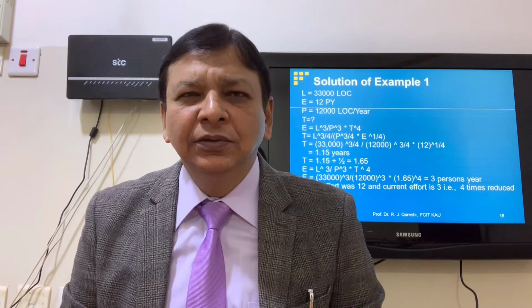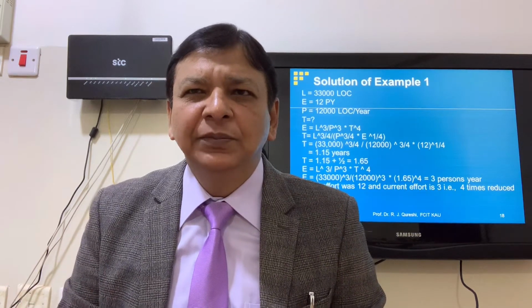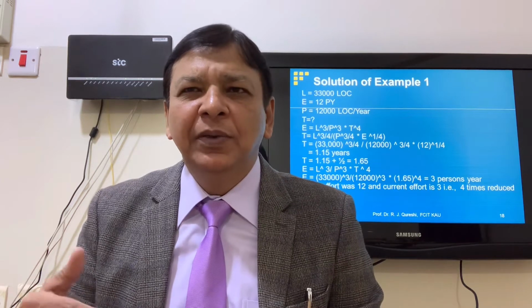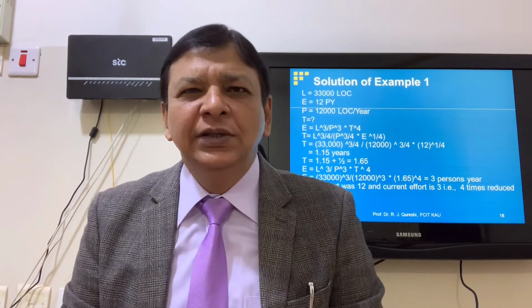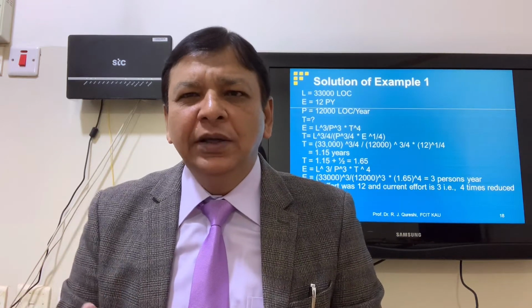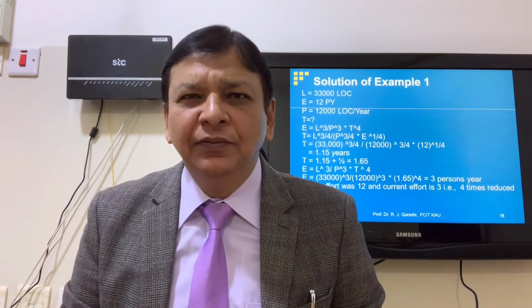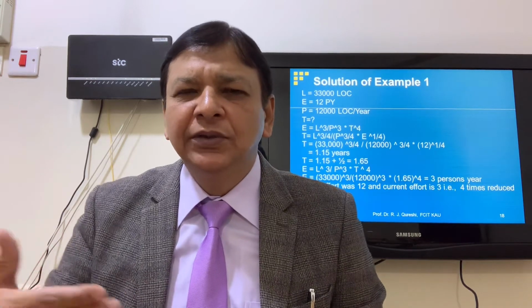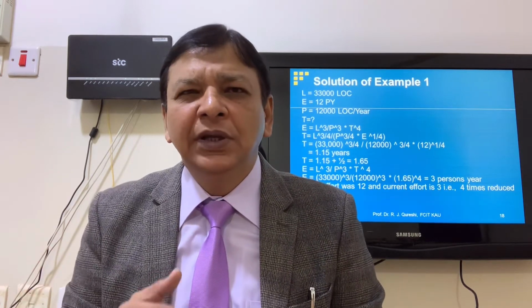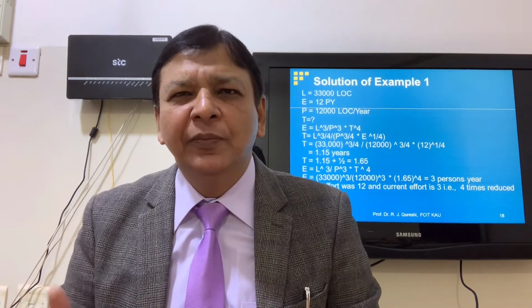T is equal to 33,000^(3/4) divided by 12,000^(3/4) multiplied by 12^(1/4). T is equal to 1.15 years. And then second part, if we extend the project for 6 months, 6 months means 6/12 in order to convert the months into years. So it will become T is equal to 1.15 plus 1/2, it will become 1.65.